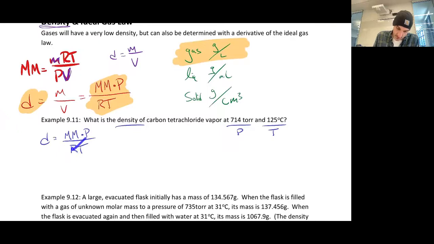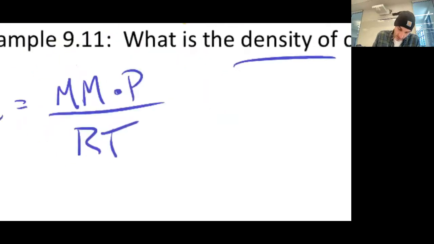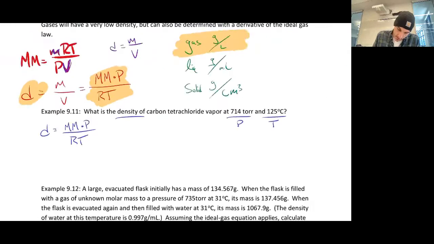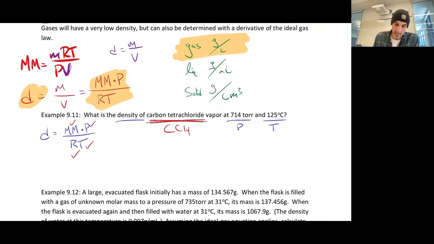We have all of these things already here. Pressure we can take care of, temperature we can take care of, R we already have, and molar mass is built into carbon tetrachloride, CCl4. So you should be able to come up with the density based on all of that information. Pretty easy, straightforward. It's just a derivation of the original equation. When we're in class, I'm going to walk through how you can rearrange PV equals nRT.